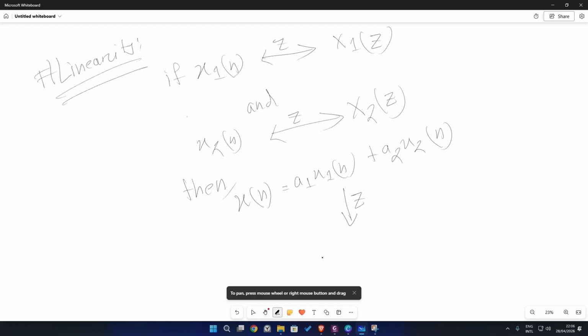If we Z transform it, it will be simply X(z) equal to a1 X1(z) plus a2 X2(z).